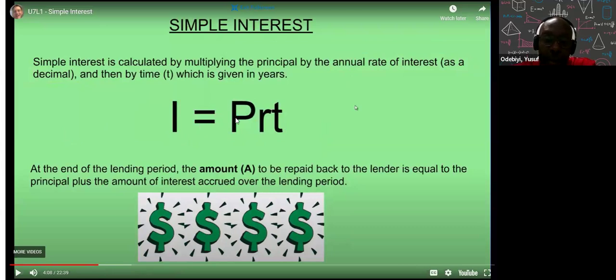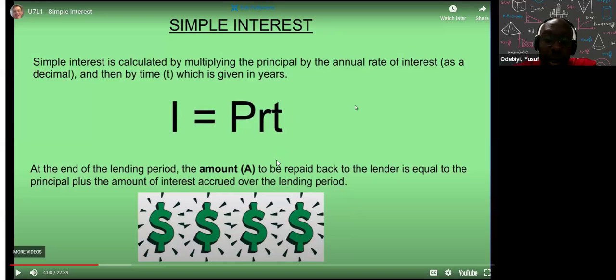P is my principal, which is the starting amount. R is the interest rate, which is written in decimal. T is the time, which is written in terms of years, okay? So when I do this multiplication, I'll get the interest amount in dollars.